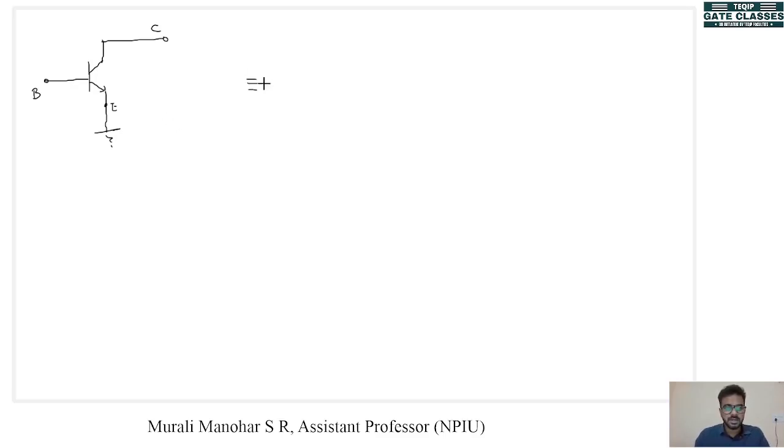Now the equivalent circuit for this will look like this. We have HI here, HR here, emitter is the common terminal now. Let's redraw this.